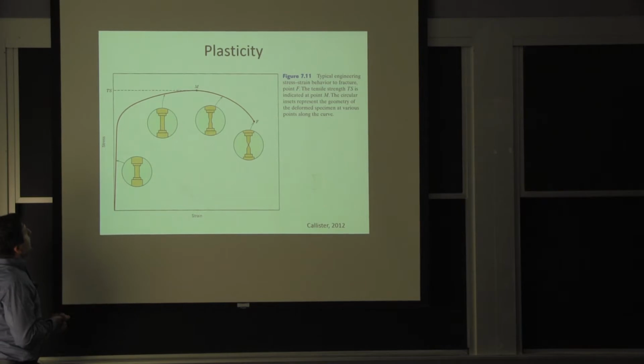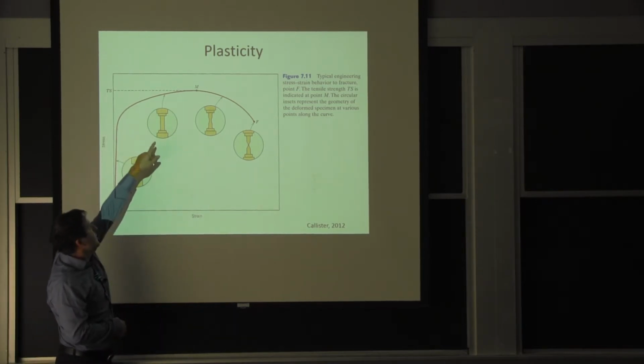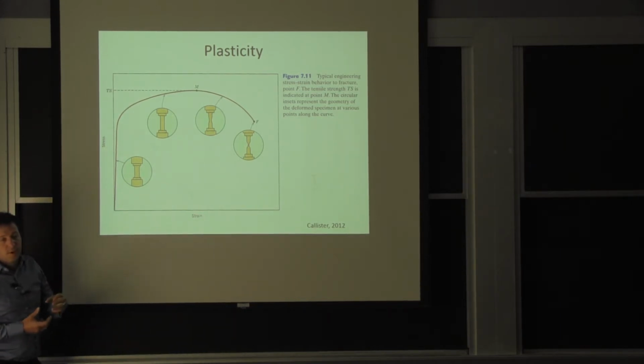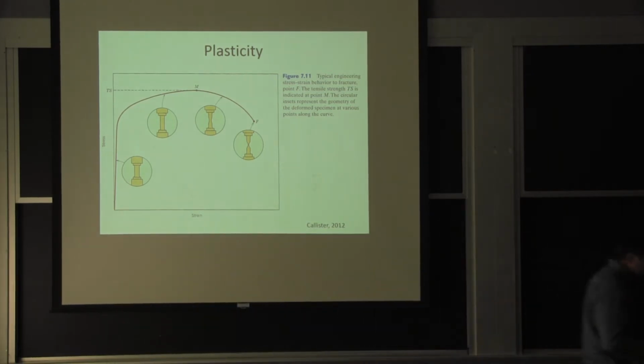Now, anywhere between the onset of plasticity and where you have the load M, you keep stretching your sample, but the whole section, the gauge length in the middle, remains constant. So a good example, this is very close to what happened.